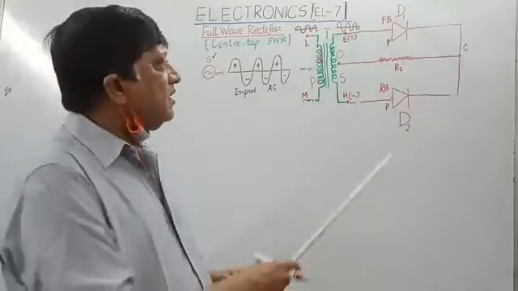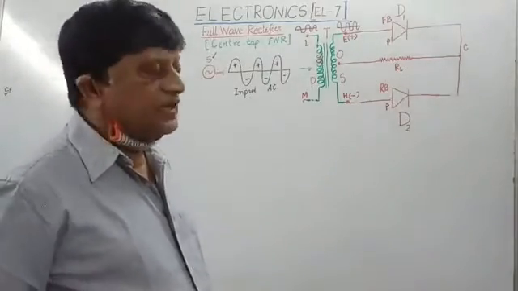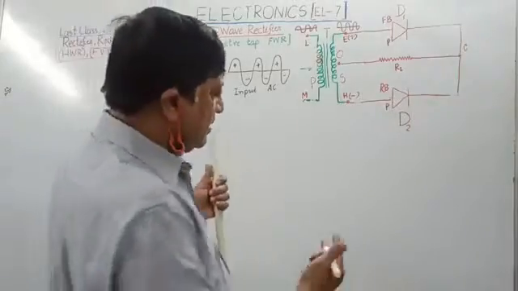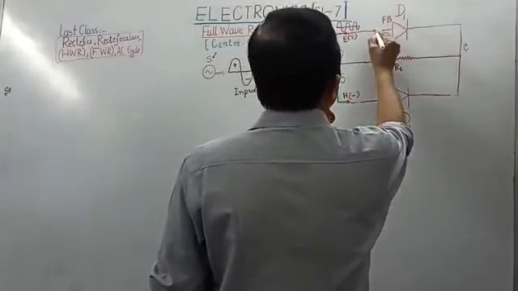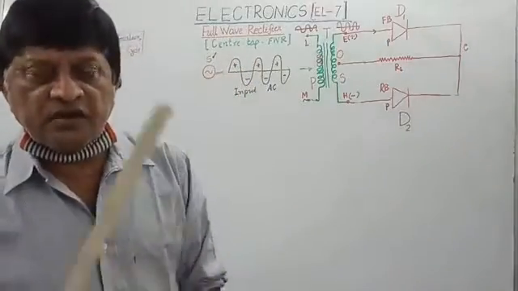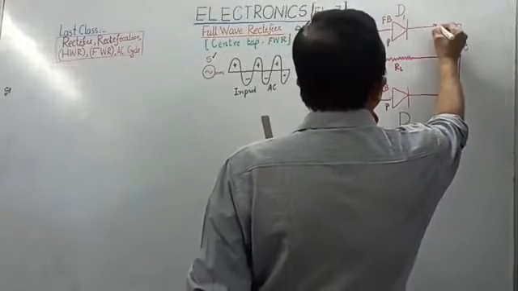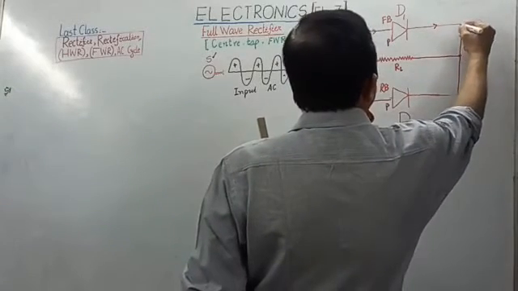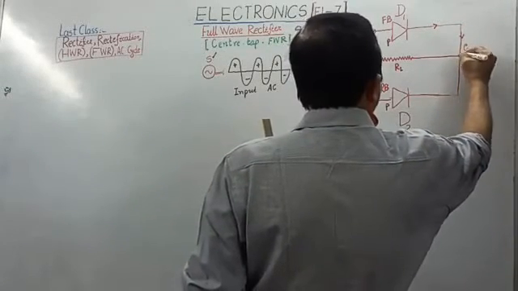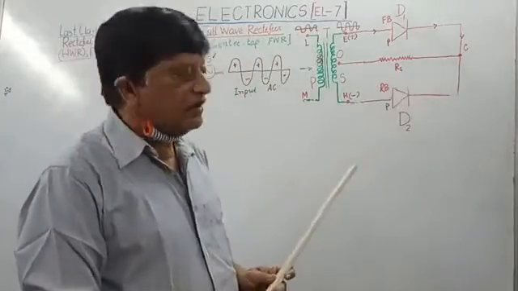When D1 starts to conduct, it sends a current in the forward direction, and we can show that current like this. Current through the diode is always from what section to what section? P section to N section. So the current flows like this. It comes here, then reaches C. Then here is a branching.